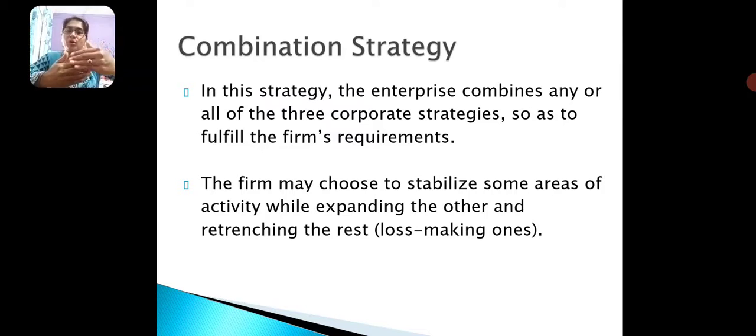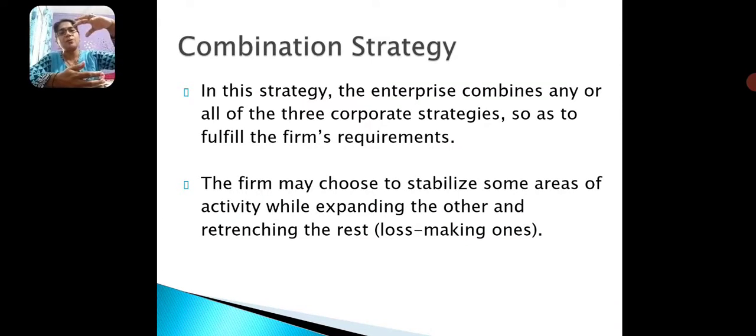Or under the same corporate, the segment where it's not operating efficiently, where there are continuous losses, or where it's not as efficient as other parts of the organization, they may go for retrenchment in that particular business unit.